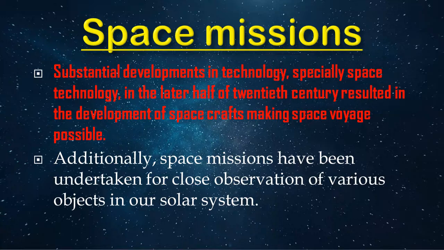So just as you have observed in the previous slide, artificial satellites have been sent to space just to gather information, and additionally space missions have been undertaken for close observation of various objects in our solar system also. So students, we will learn about all this in this lesson.